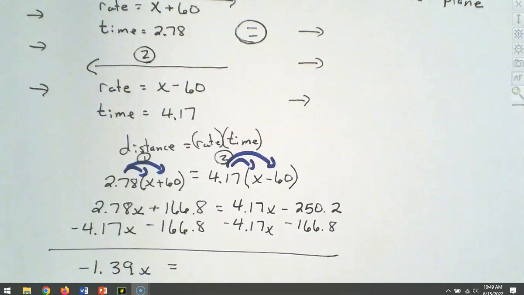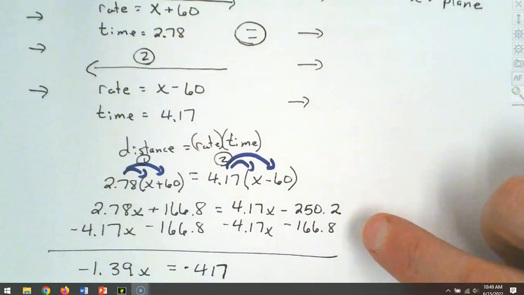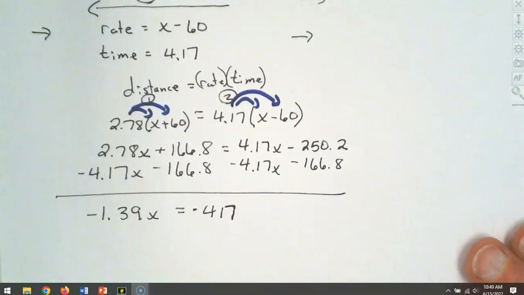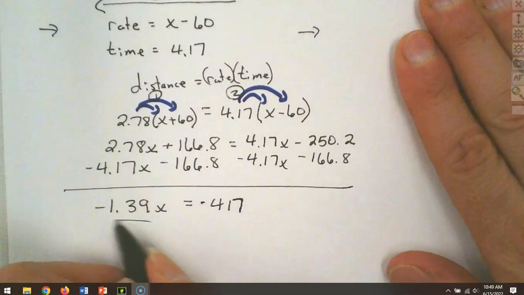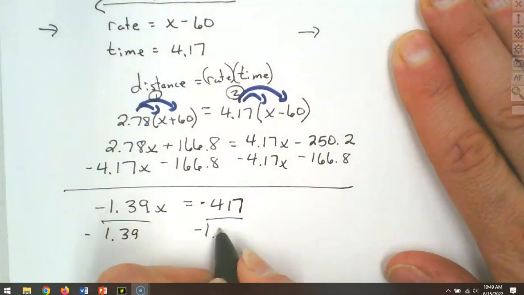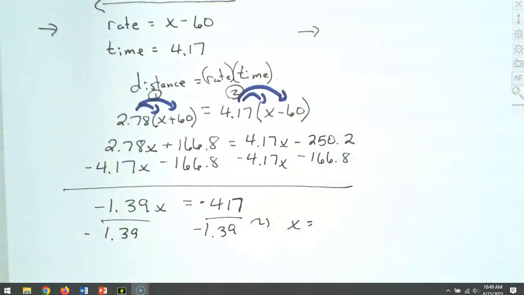It's negative. We're going to add to that 166.8. Since they're the same signs, they just go together. So that comes out to be a minus 417. Okay, nothing new there. Now we're going to divide by that negative 1.39. And we know a negative over negative makes it positive.